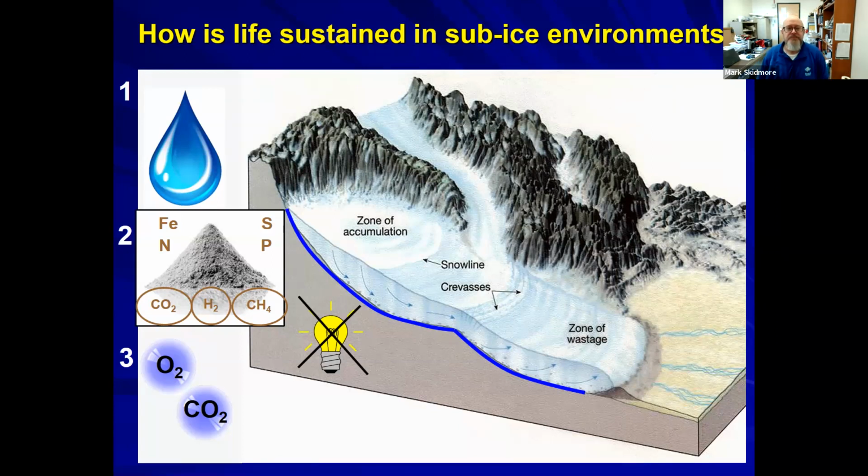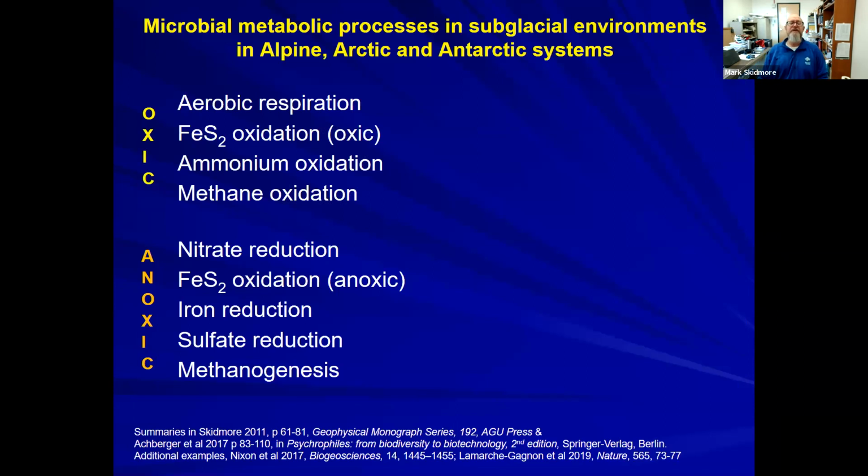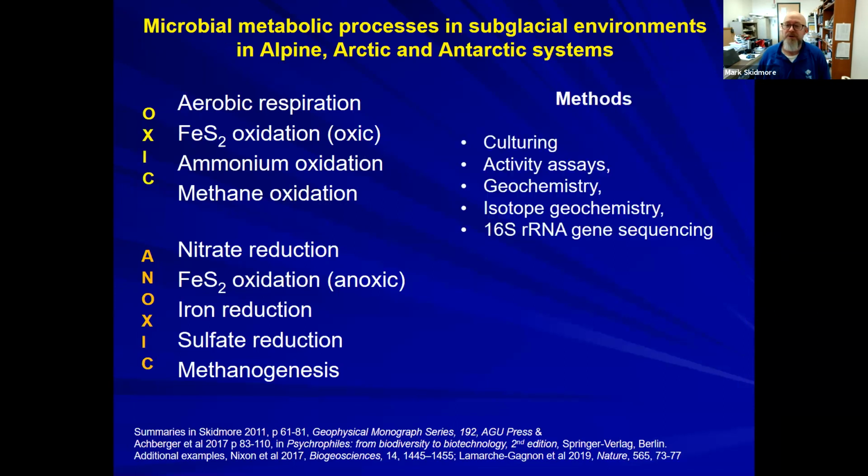So in these environments, a range of microbial metabolism has been demonstrated in a range of systems or inferred through processes using a variety of different techniques, whether it's culturing, activity assays, geochemistry, isotope geochemistry, or 16S ribosomal RNA gene sequencing.